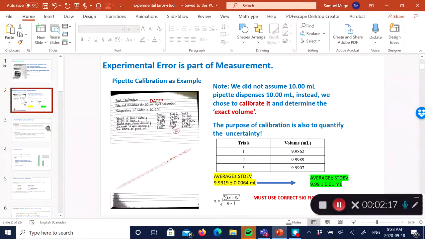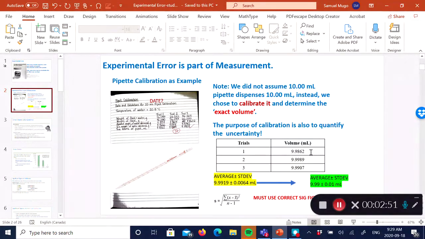Now, as I've said, experimental error is part of measurement. In most cases, it's very difficult to avoid it, and it can only be really quantified in some cases. Take an example of what you already know, the pipette calibration that you did earlier in the week. You take some data that looks like this: you did trial 1 and you got a volume of maybe 9.9862.